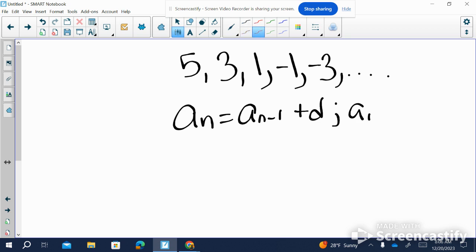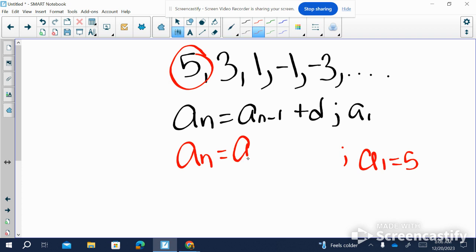Well, the value of the first term is easy. It's 5. So A sub 1 equals 5 is going to be part of my recursive formula. But the common difference is not as easy, so I have to figure out what that is.